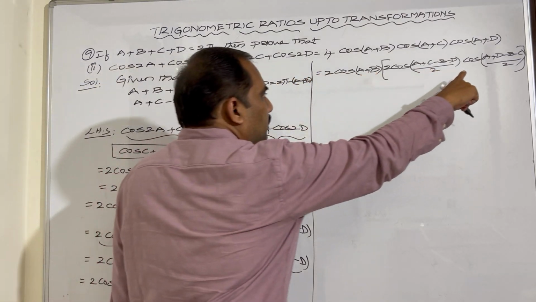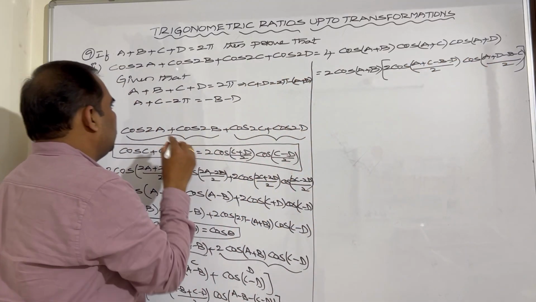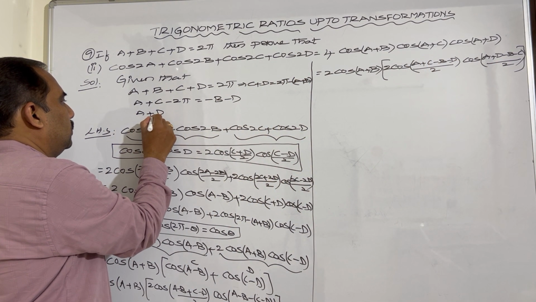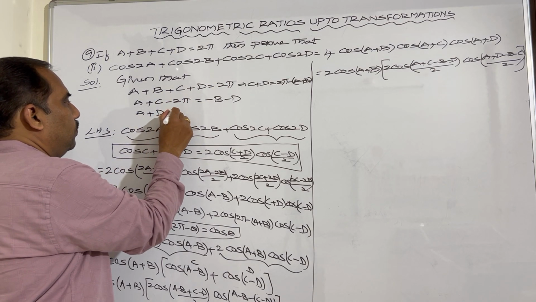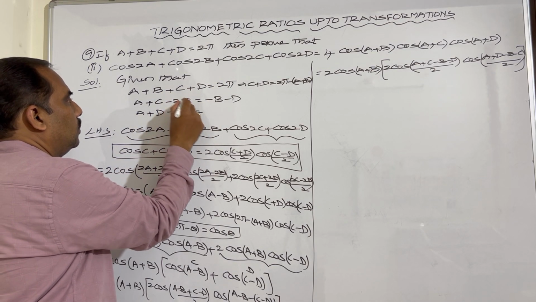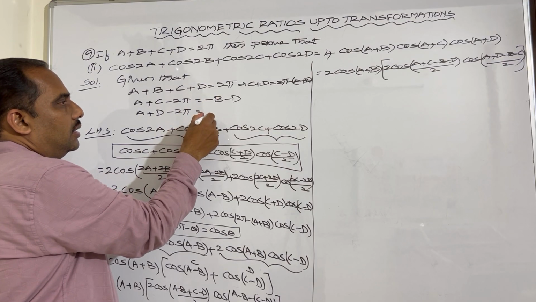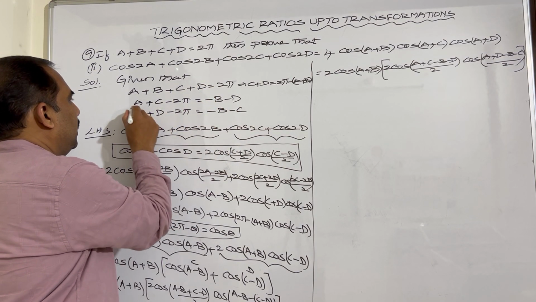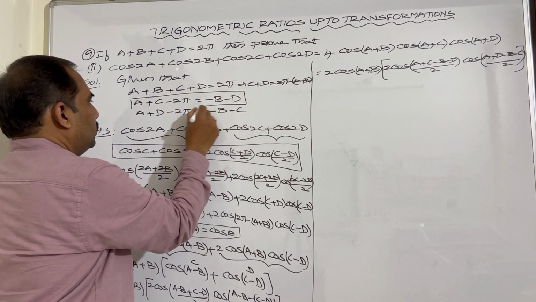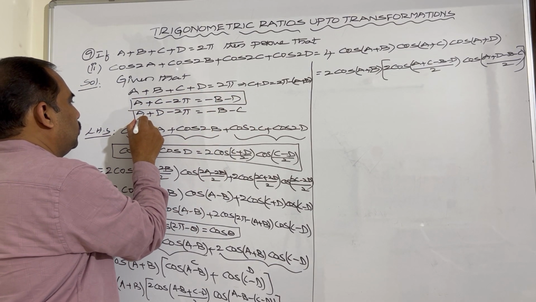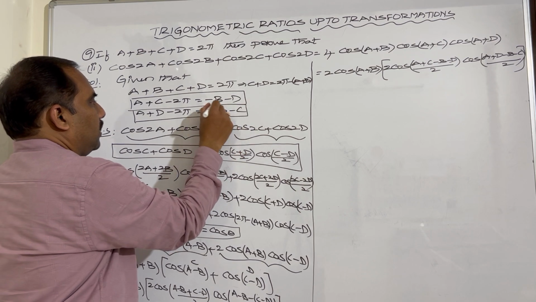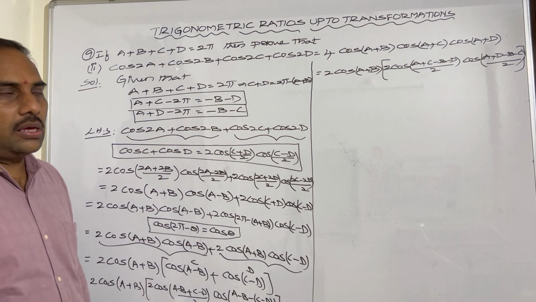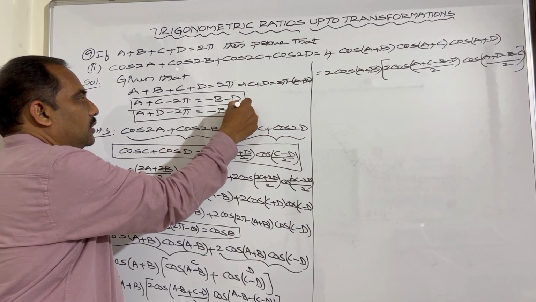Similarly, for the next term, a plus d minus 2 pi is also equal to, we can write here, minus b minus c. Observe here: a plus c minus 2 pi is equal to minus b minus d, and a plus d minus 2 pi is equal to minus b minus c.